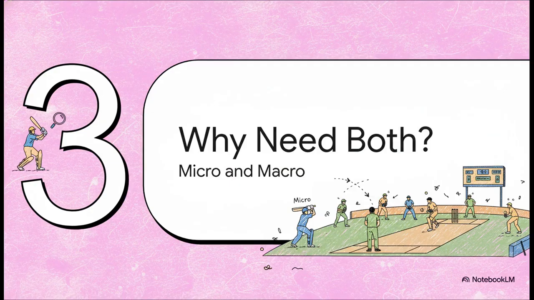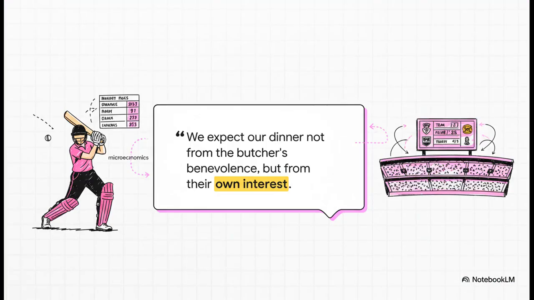Okay, so we've got the player's view, micro, and the whole game view, macro. But why do we need both? I mean, shouldn't we just focus on the individual players? If every player does well, won't the team win automatically? Well, let's find out. You see, for a very long time, a famous economist named Adam Smith had an idea.